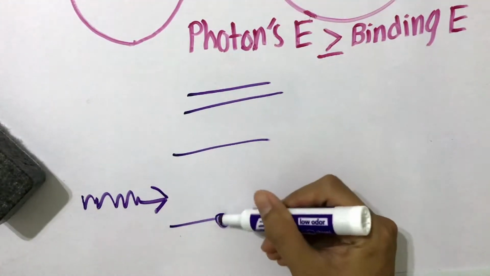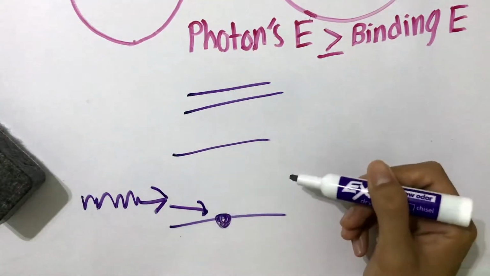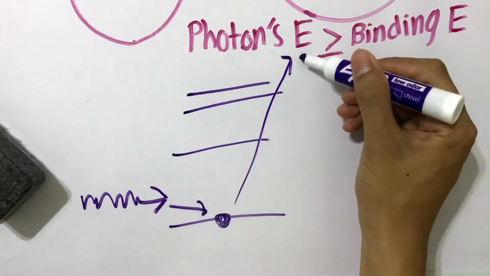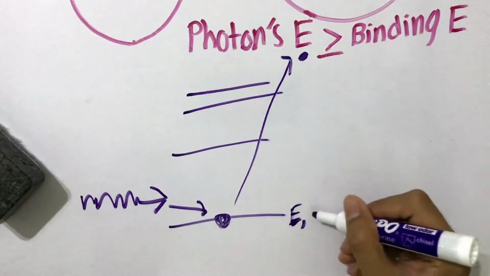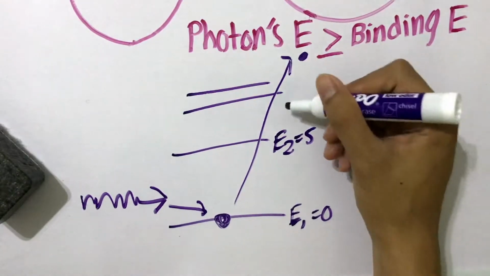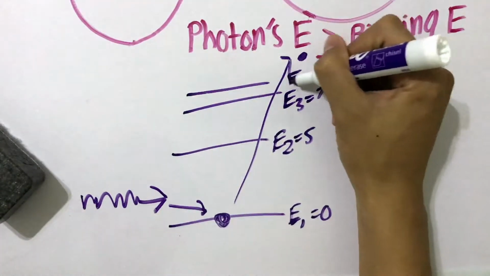The electron is right here, and once the photon comes in, it frees the electron from the bound atom. Let's define E1 equals 0, E2 equals 5, E3 equals 7, E4 equals 8.